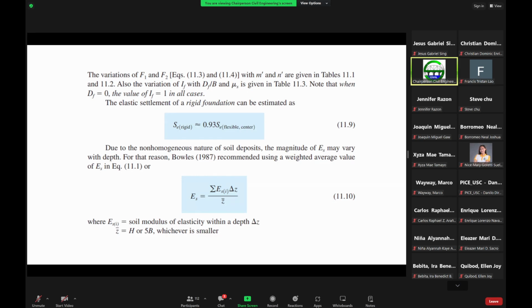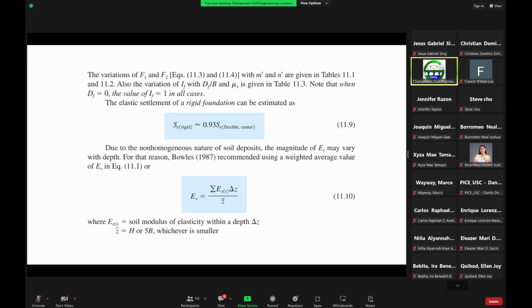Normally, the embedment depths that we encounter in practice for building structures are from 1 meter to say 3 meters.